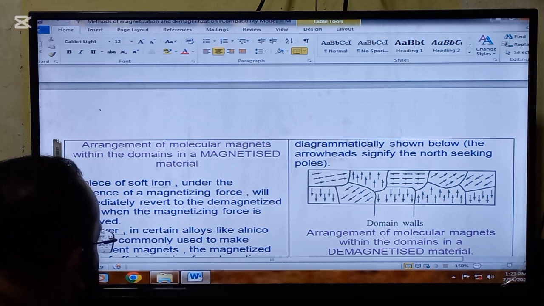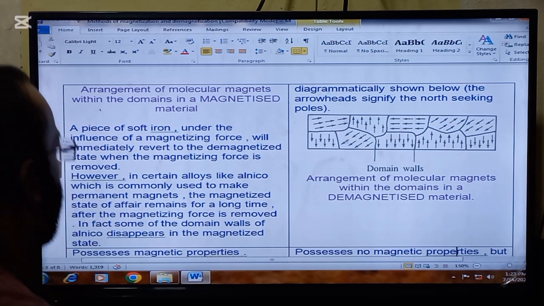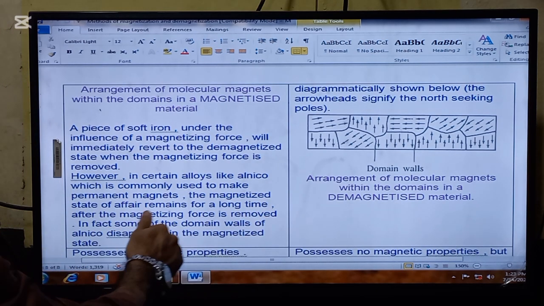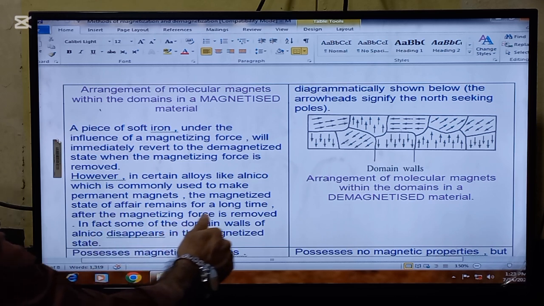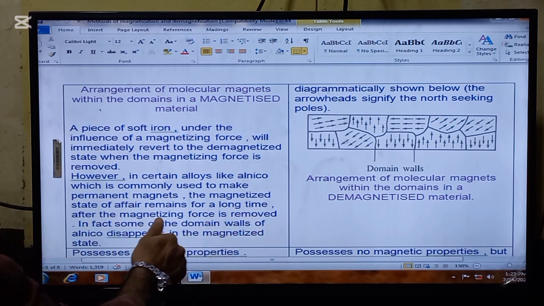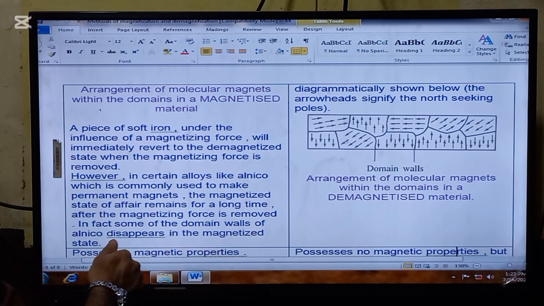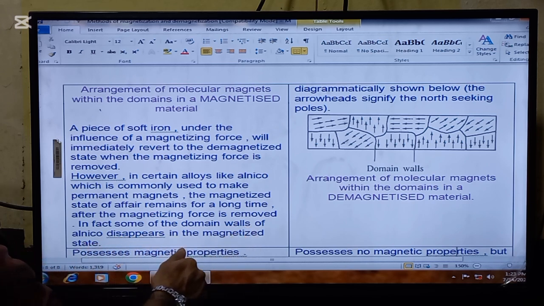However, in certain alloys like Alnico, which is commonly used to make permanent magnets, the magnetized state remains for a long time after the magnetizing force is removed. In fact, some of the domain walls of the Alnico disappear in the magnetized state.